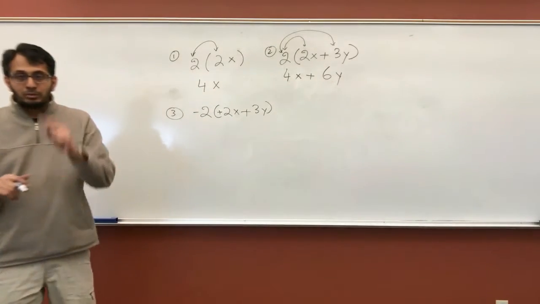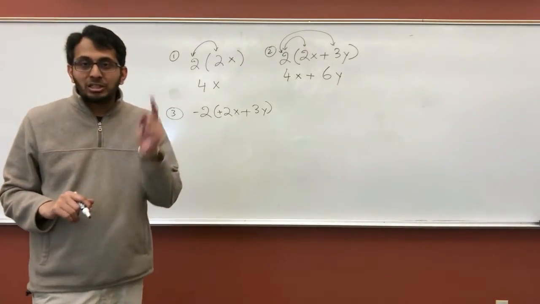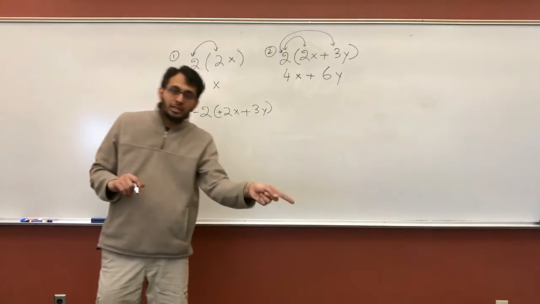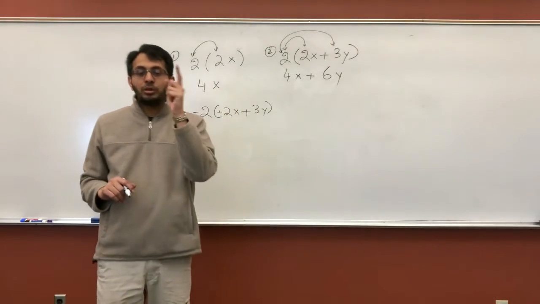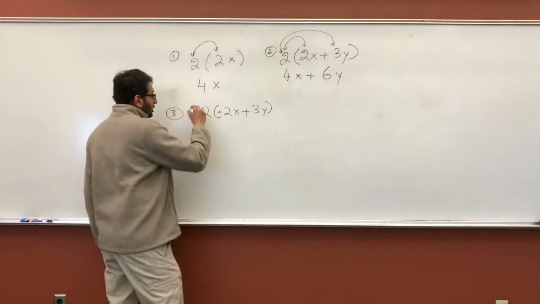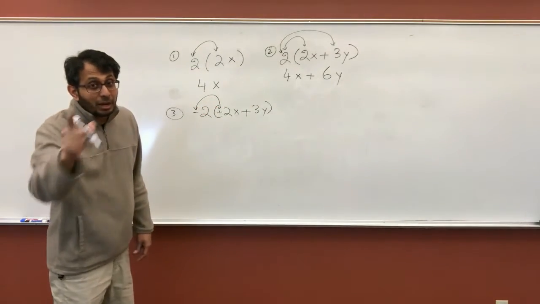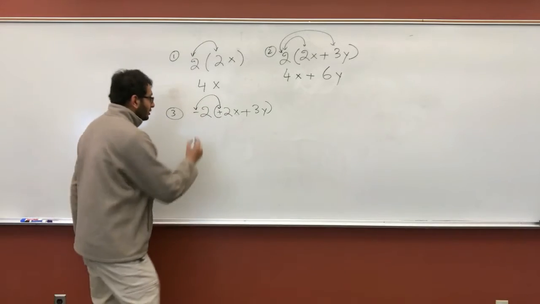Rule: you multiply signs with signs, and you multiply numbers with numbers. So sign with the sign. What is negative times positive? They're opposite signs, remember?